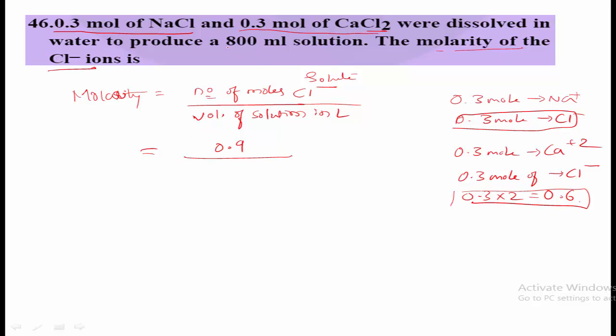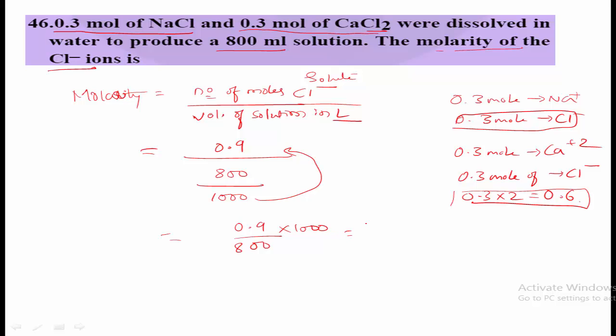So 0.9 moles divided by the volume of solution in liters. The volume is 800 ml, but the formula needs liters. So convert that into liters by dividing it by 1000. So the value becomes 0.9 divided by 800 into 1000.